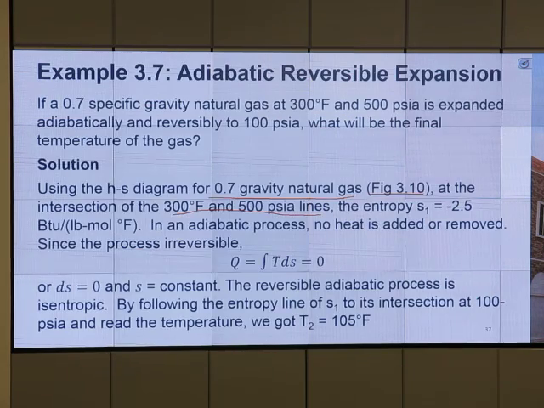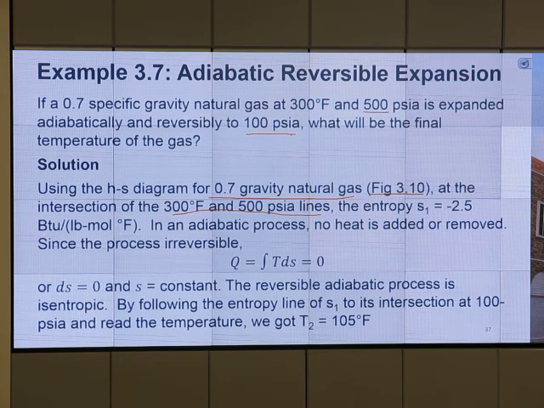And we want to do the expansion. What do you think happens when we do expansion? The temperature will go down, I think. So it expands from 500 to 100 psia.